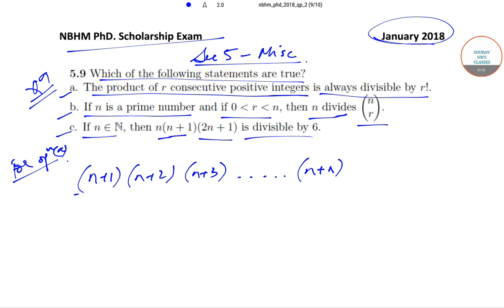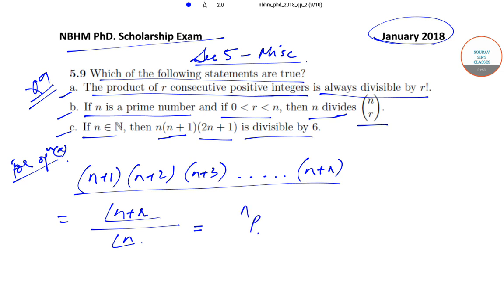As you can see, this product can be written as (n+r) factorial by n factorial, and this is basically equal to nPr.